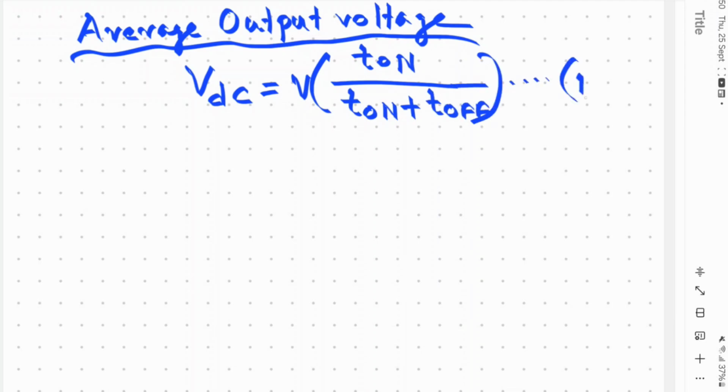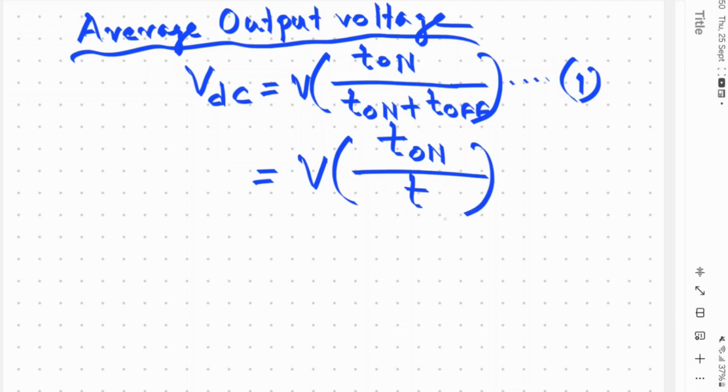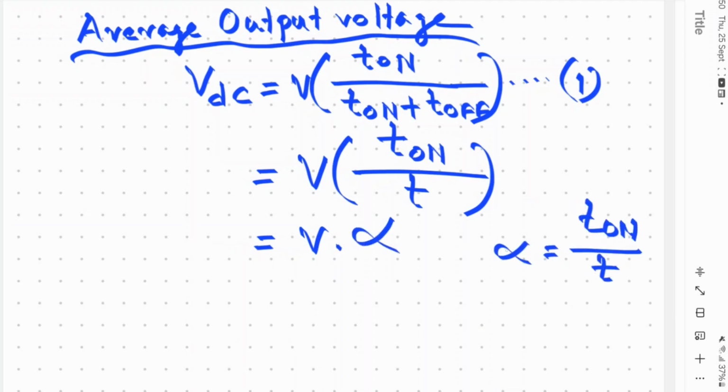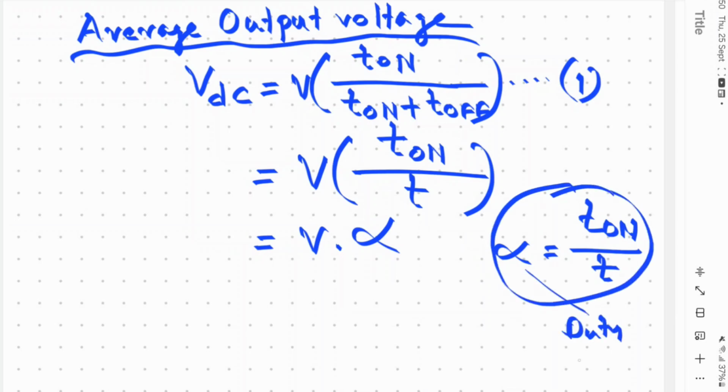This is equation 1. Again from this, V into T on by T, so that is V into alpha, as we know alpha is equal to T on by T. Alpha is the duty cycle.